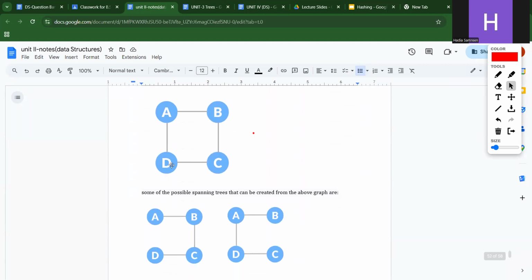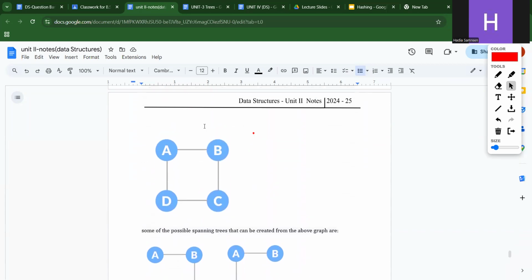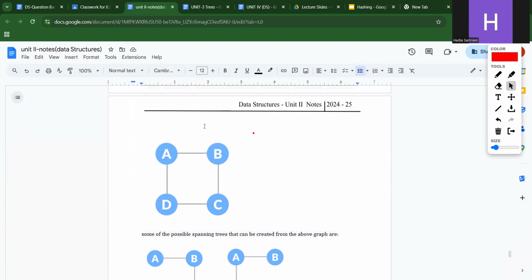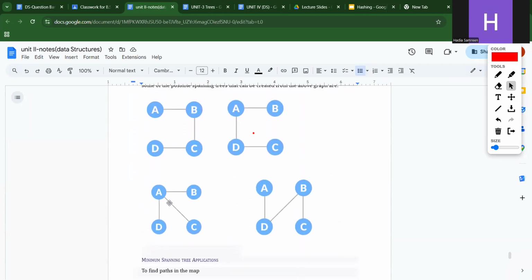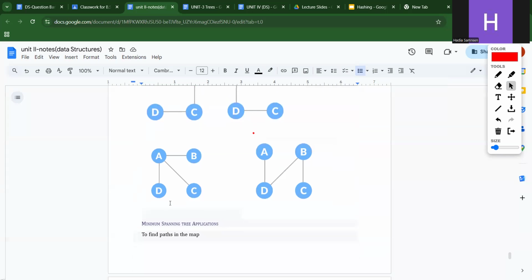So what is it? Suppose we have these nodes and these edges. For creating a minimum spanning tree, the condition is we need to traverse each and every vertex. Traverse in the sense we need to visit each and every vertex. At the same time, we need to use the minimum number of edges to visit every vertex.